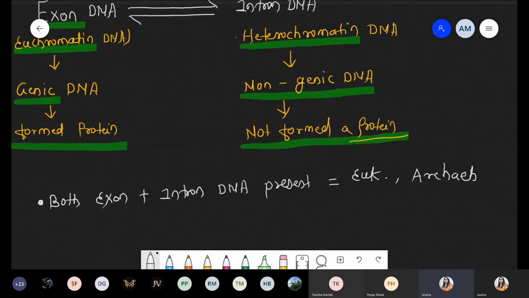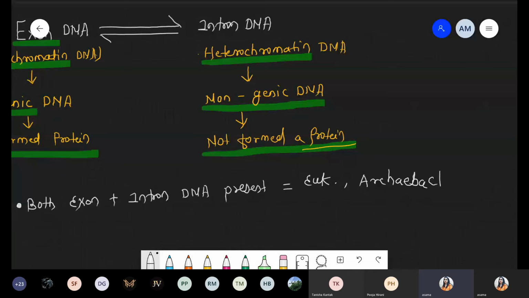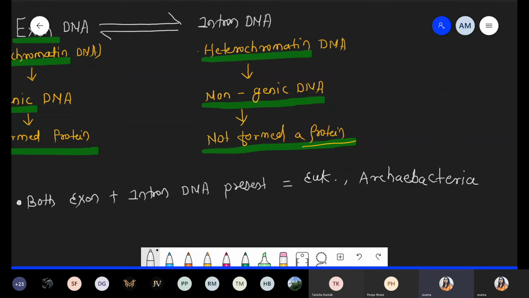What is the meaning of archaebacteria? Kingdom Monera. These are bacteria that can survive in extreme hot conditions, extreme salty conditions, or extreme methanogenic anaerobic conditions.